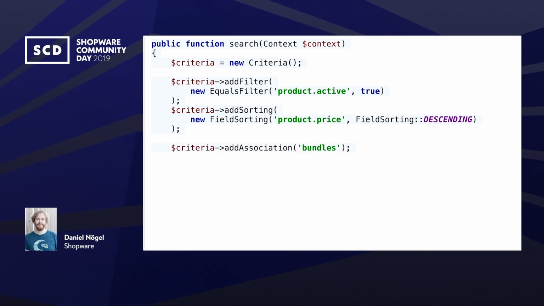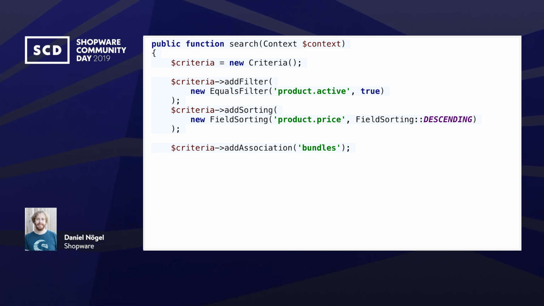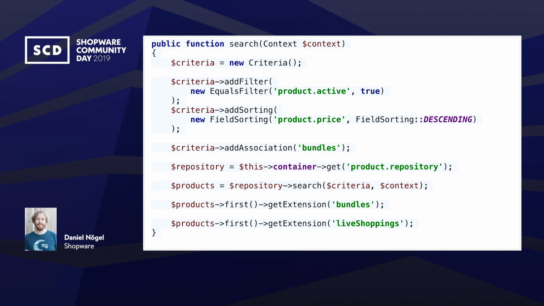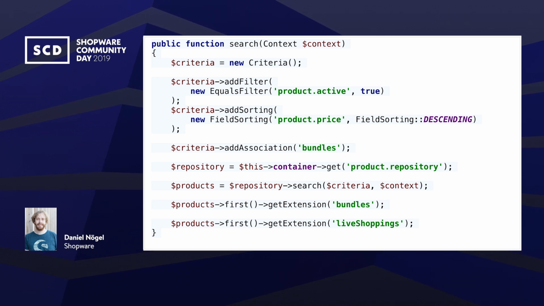What we do not do is fetch all associations at once. So if you have 10 plugins, we will not fetch all the 10 associations they have. So we don't overfetch the data. You want to make sure that you're not fetching all the things all the time, of course. So you need to explicitly tell it to do that. And then you can just do the search by using the search service, and it will return you the results, and you can access your data. In this case, for example, the bundles.